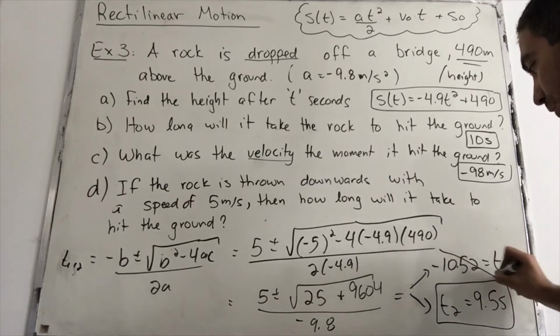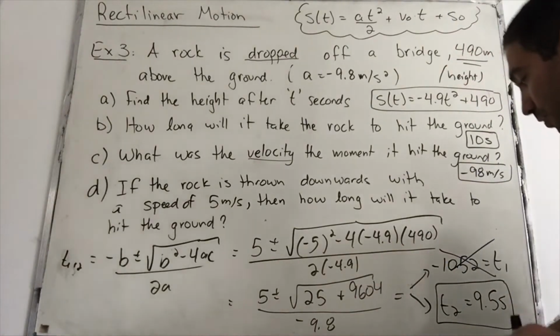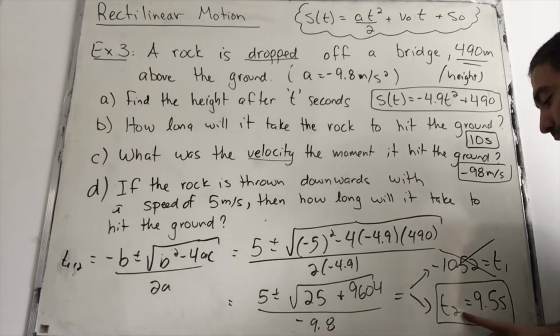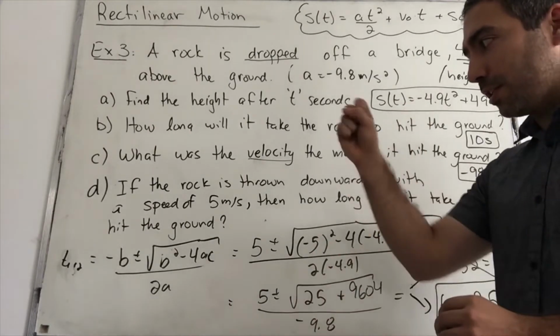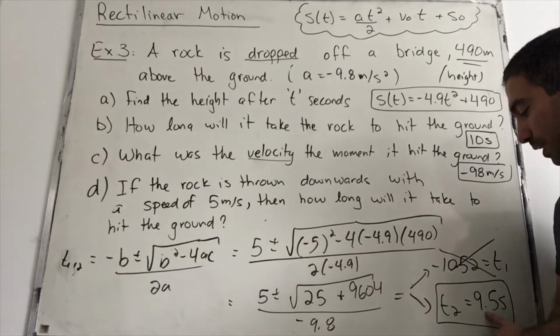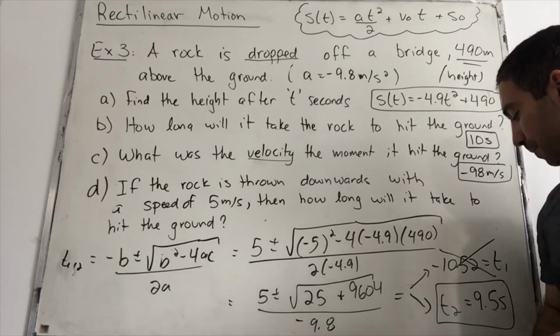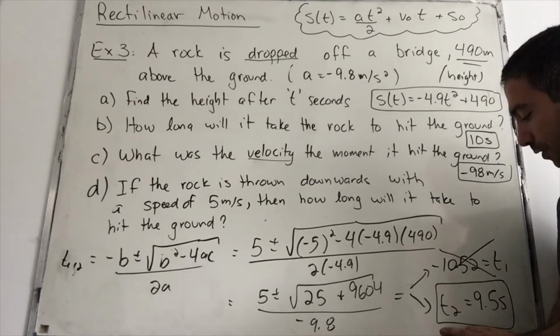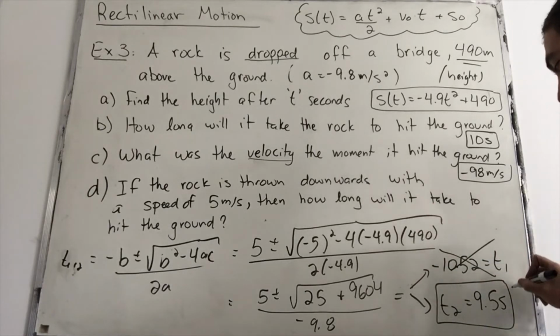Obviously we're talking about time, so we can't have a negative value, so we reject that answer. And t2 equals 9.5. Again, that makes sense because by adding velocity, it's going to hit the ground faster, so we save 0.5 by adding an initial velocity. So after 9.5 seconds, it's going to hit the ground, and that was the question, so we're done.